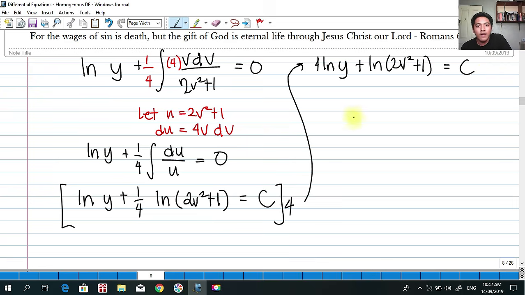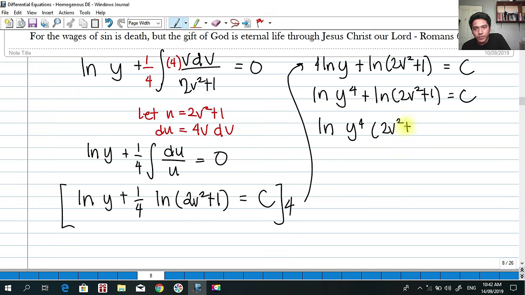By properties of ln, we can rewrite this as ln y raised to 4 plus ln of 2v squared plus 1 is equal to c. And again by properties of ln, we have ln of y raised to 4 multiplied by 2v squared plus 1 is equal to c.